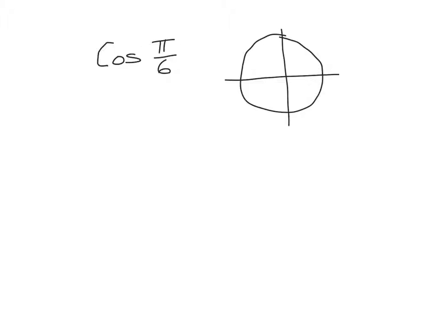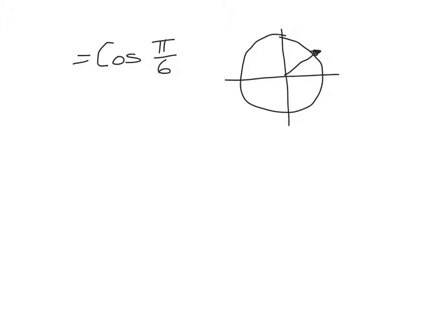So hopefully you have room to squeeze this in. I added an extra slide to emphasize, if we were to ask you what is the cosine of pi over 6, you could take a look on your unit circle from the previous slide, and pi over 6 radians is right there.